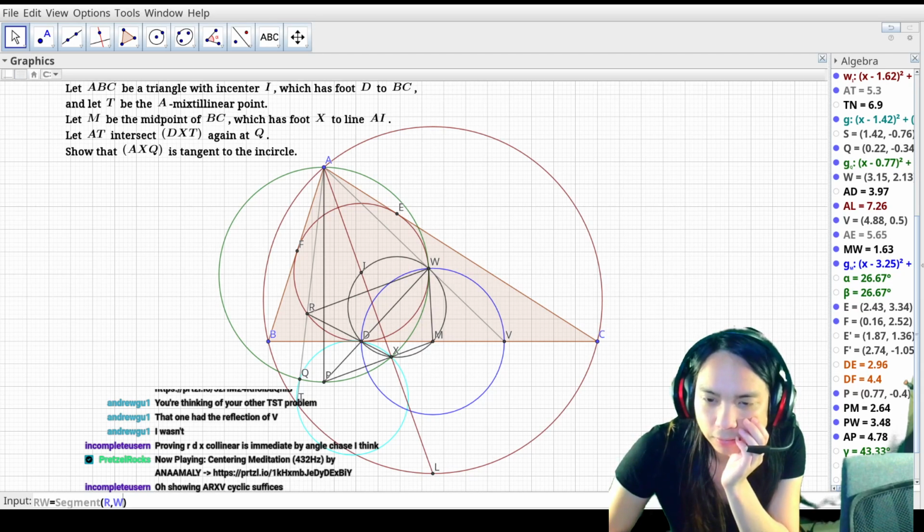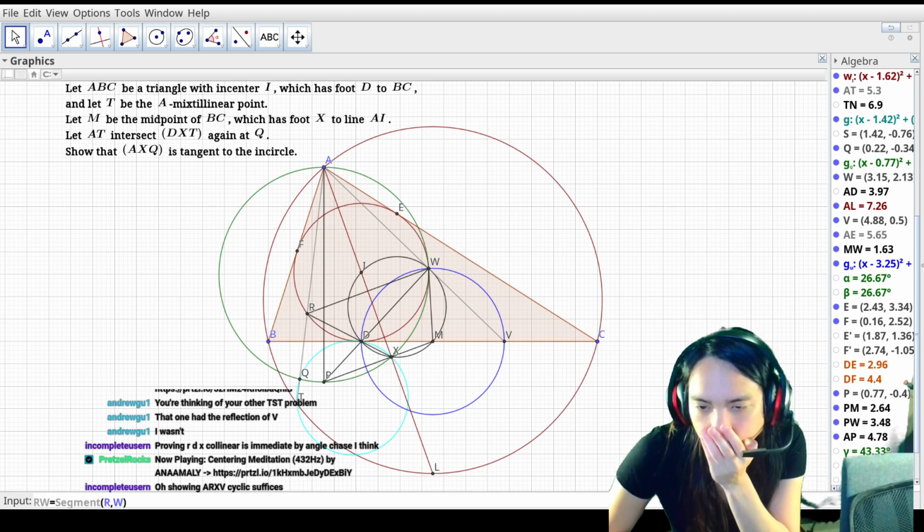ARXV cyclic would suffice. Why is that good enough? What does it have to do with the cyan circle?